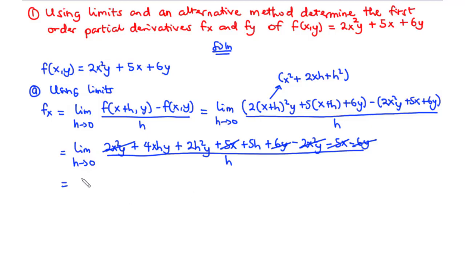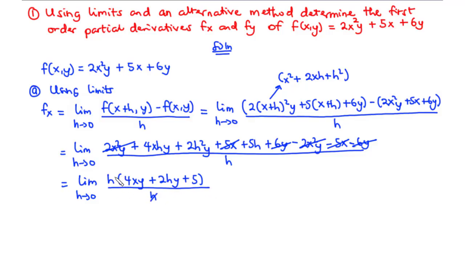Next, we cancel out 2x squared y minus 2x squared y, 5x, negative 5x, 6y, negative 6y. So we have the limit as h approaches 0 of the function. Now we have 4xhy plus 2h squared y plus 5h. So we can factor out h, so that we have 4xy plus 2hy plus 5 inside of the brackets, divided by h.